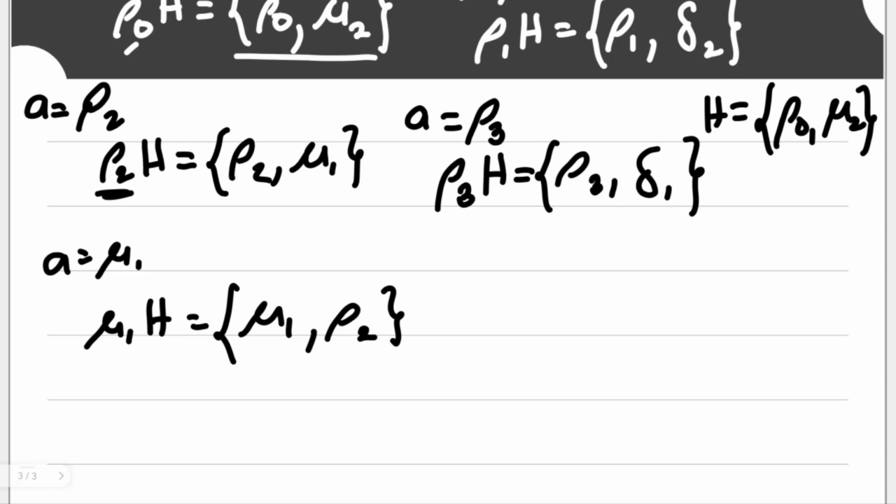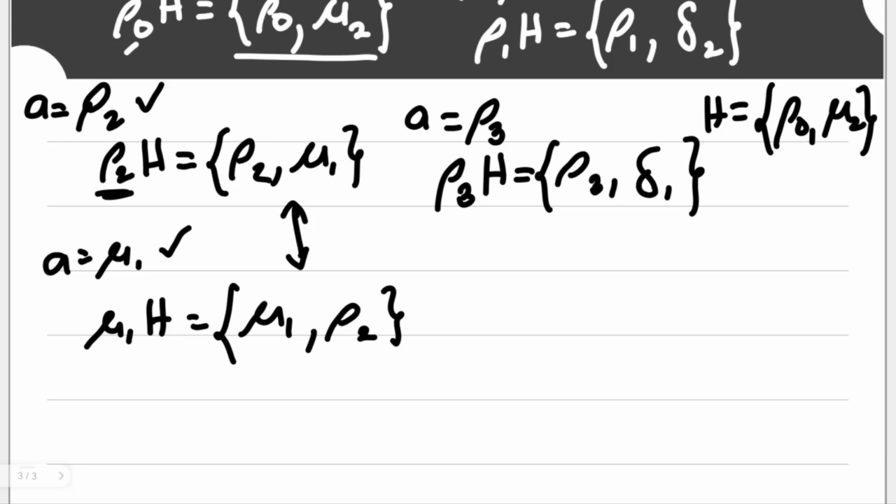But why is it that there are only 4? Because I would like you to compare these two, the third left coset and the fifth left coset, using rho sub 2 and mu sub 1 respectively. We have the same set actually. The elements are just rearranged. And if we have a situation like this, they are only counted as 1. Because the left coset using rho sub 2 and mu sub 1 will just result in the same coset, the set containing mu sub 1 and rho sub 2, or vice versa.